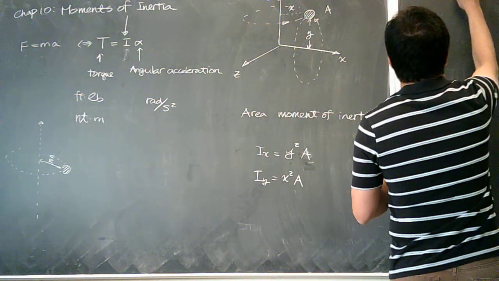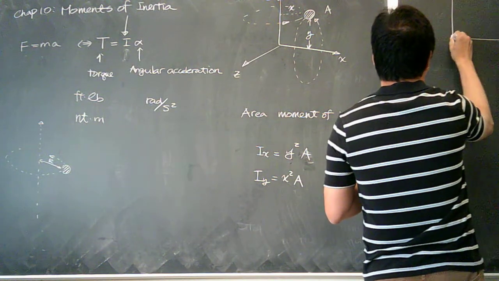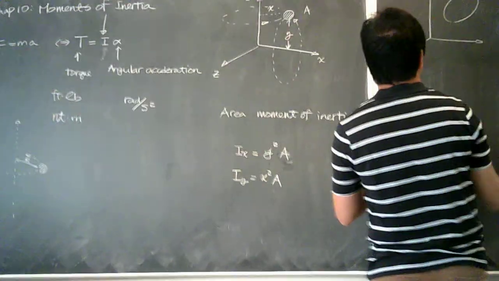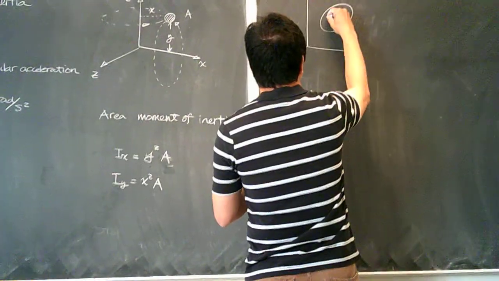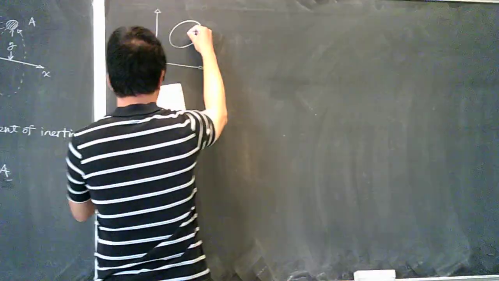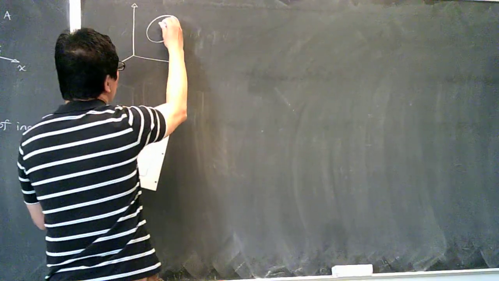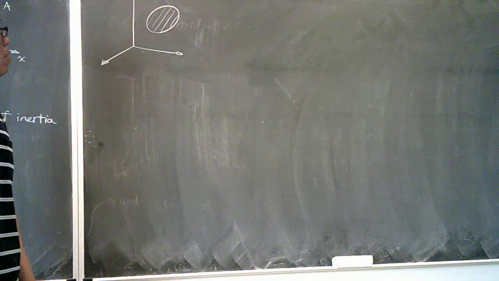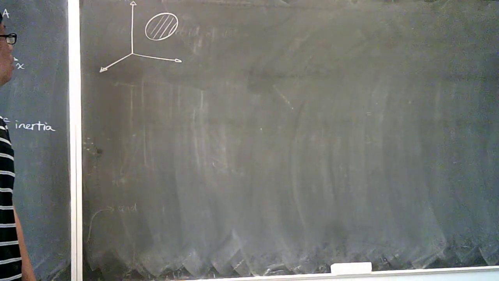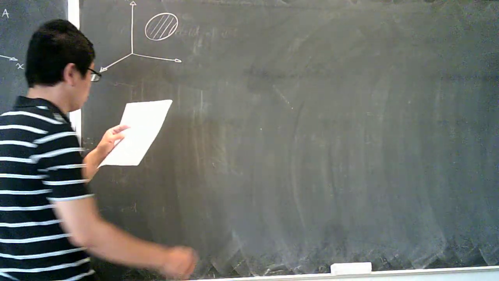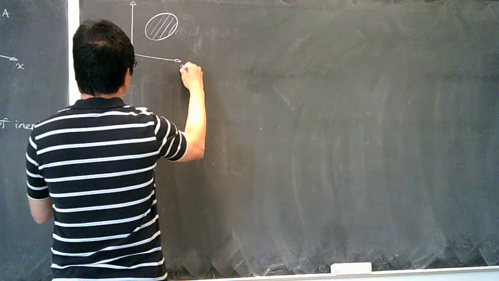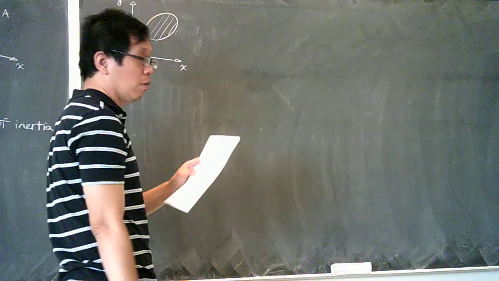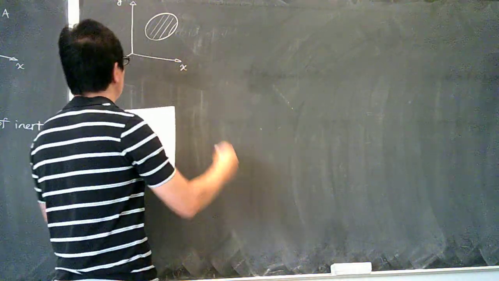Let's move to a more advanced topic. Let's say I have something like this, and this area is actually defined by an equation. So when you are dealing with something like this, you still need to come up with the moment of inertia around the x-axis and y-axis.